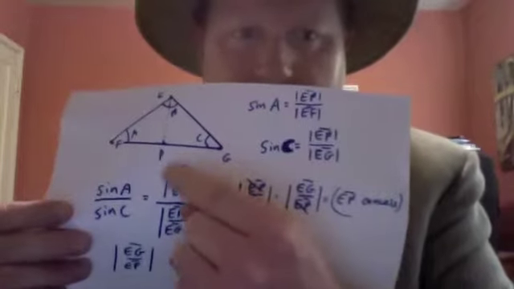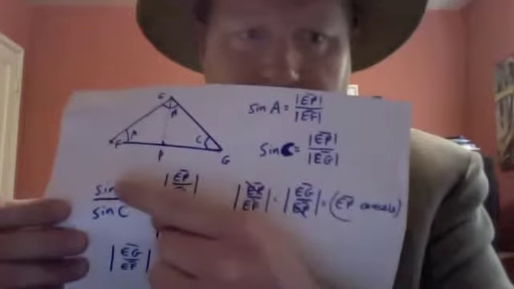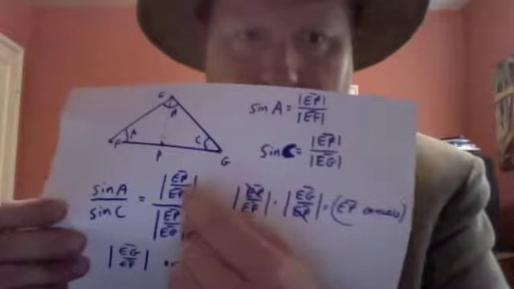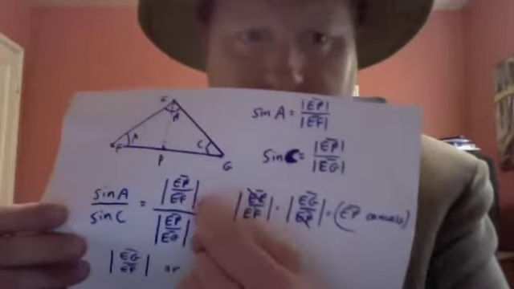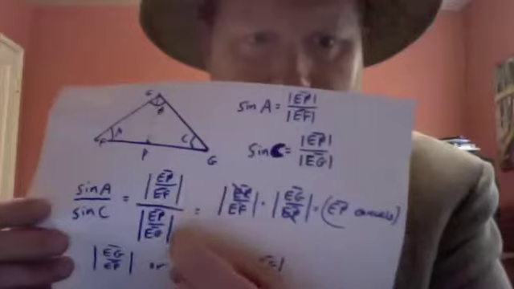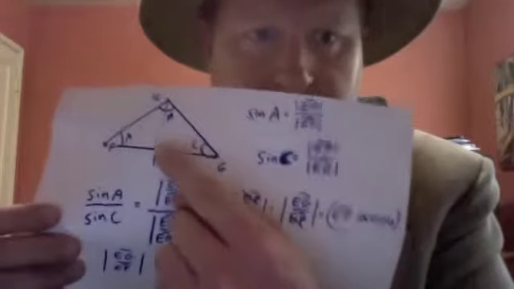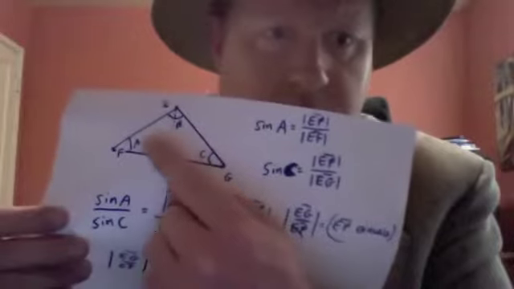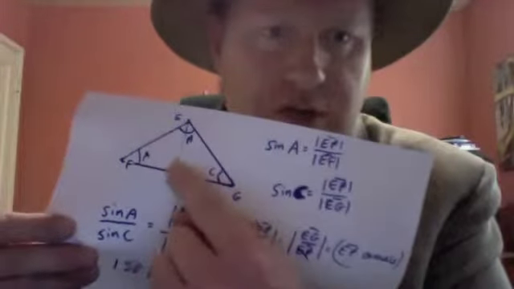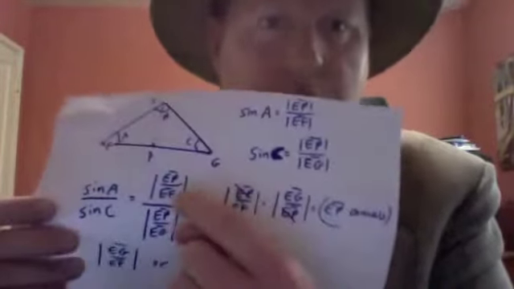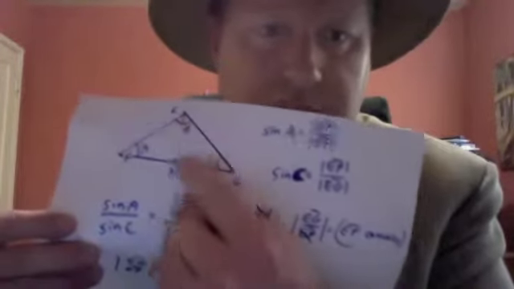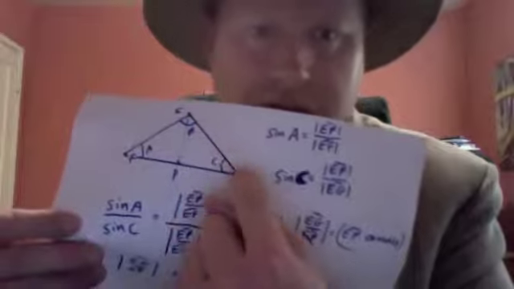Sine of angle A over sine of angle C is equal to EP over EF, all divided by EP over EG. That whole ratio, EP over EF, divided by this ratio, EP over EG.